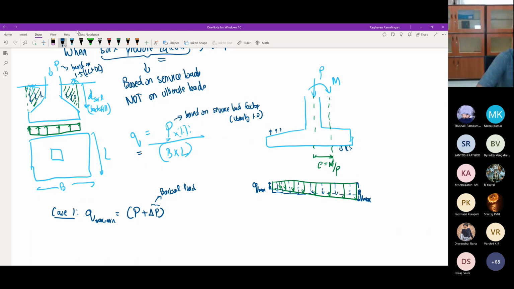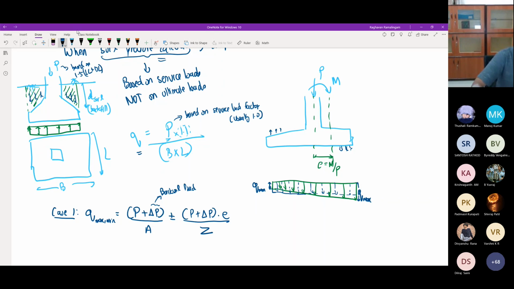P is whatever is coming from the column. So it is (P plus delta P) by A plus or minus (P plus delta P) into E divided by Z.